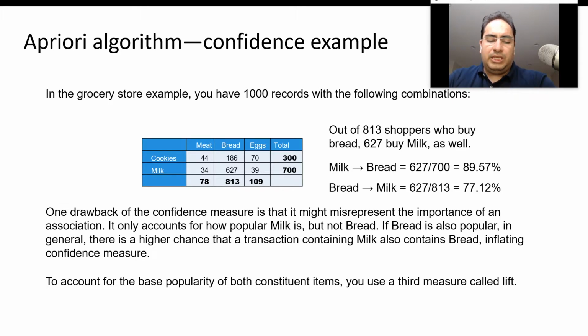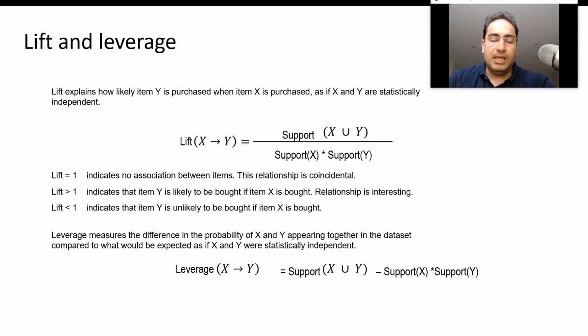So we understood that we have some confidence that this rule exists, but we want to know it's not based just on popularity. There is a relationship between milk and bread. That's what we're looking for. That's why we introduce another measure, which is called lift and leverage.